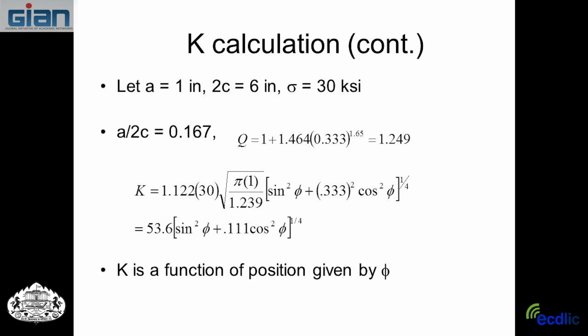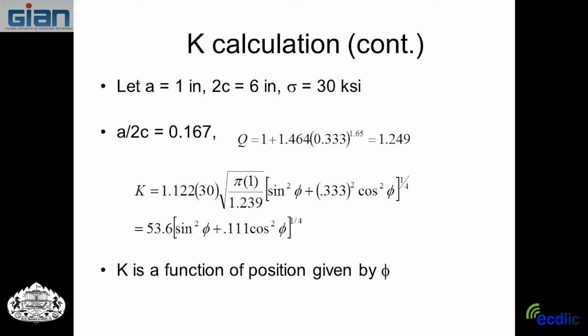So I'm going to have A be 1, 2C here. A is 1, 2C is 6, stress is 30. A over 2C is 0.167. A over C would be 0.333. So this is the Q factor that goes down here, and then it has 1.122 out front.